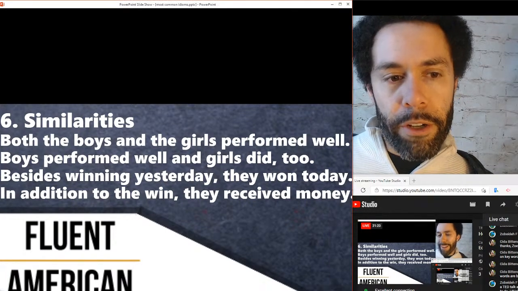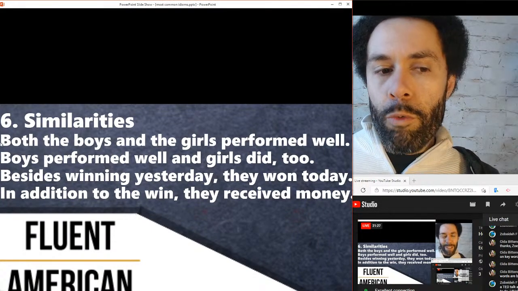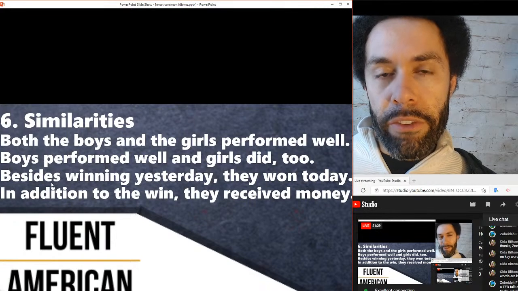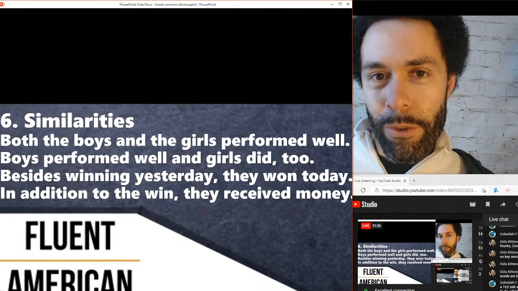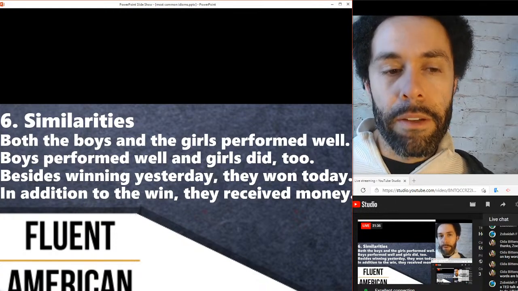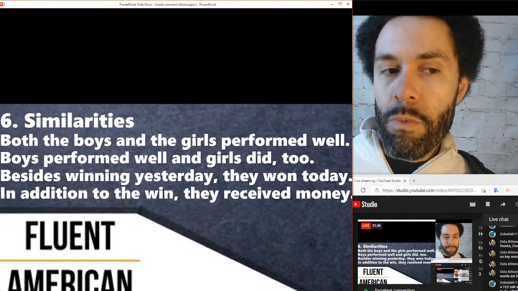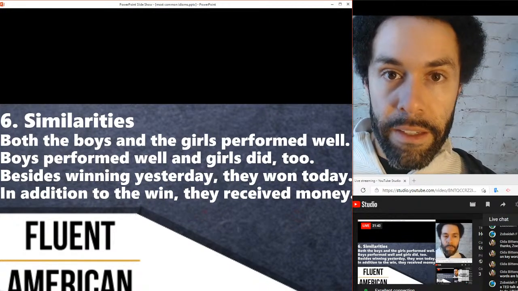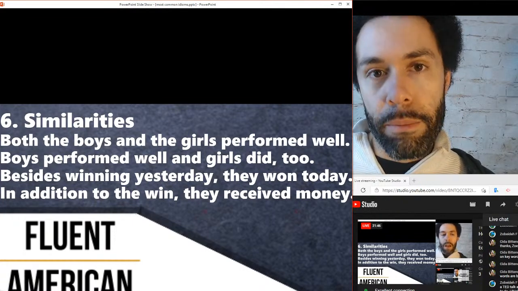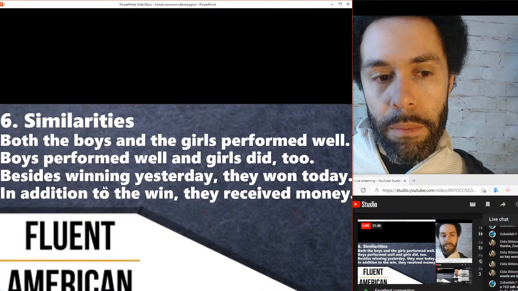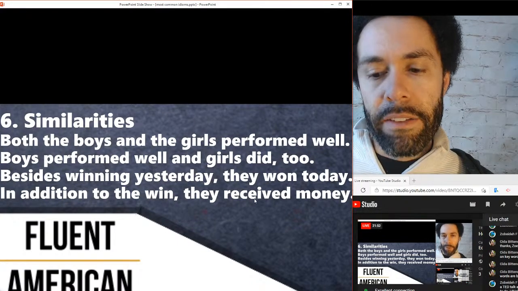Next one for similarities. Besides winning yesterday, they won today. A real quick note on besides, because this is one I see in writing a lot. This is one of those transition words that my students make a ton of mistakes on. When you want to use besides in this sense of additional information or adding similarities, I really recommend adding words after besides to give some context.